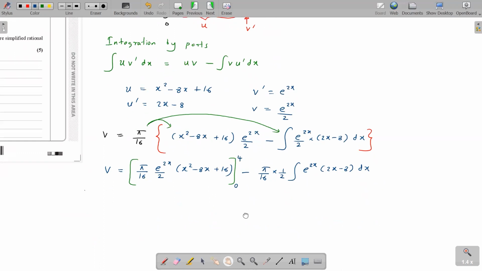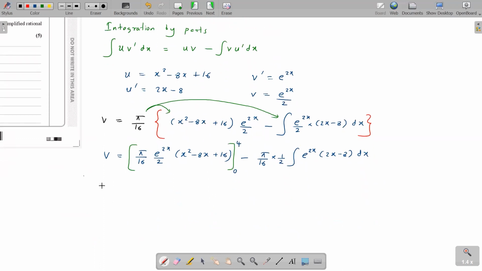Okay, 0 to 4. So let's get it done. Volume equals, this is pi over 32. Okay, 16 times 2 is 32. Then I get here, let's input the values now. E to the power 2x into 4 is e to the power 8 times, can you all input 4 here? 4 square minus 8 into 4 plus 16. How much? 0. 4 square minus 8 into 4 plus 16 is 0.